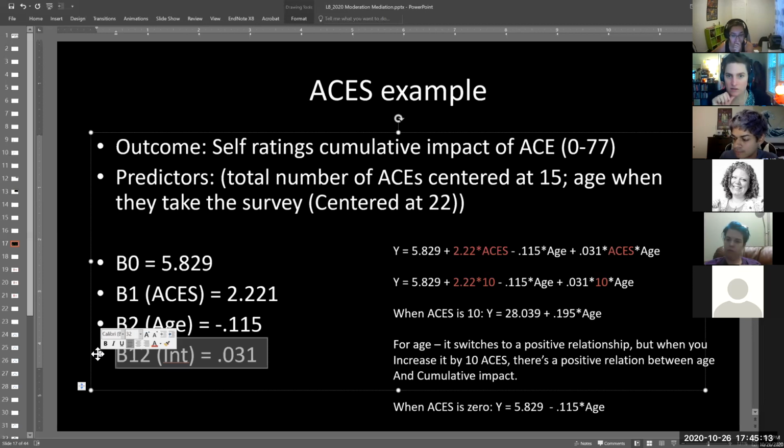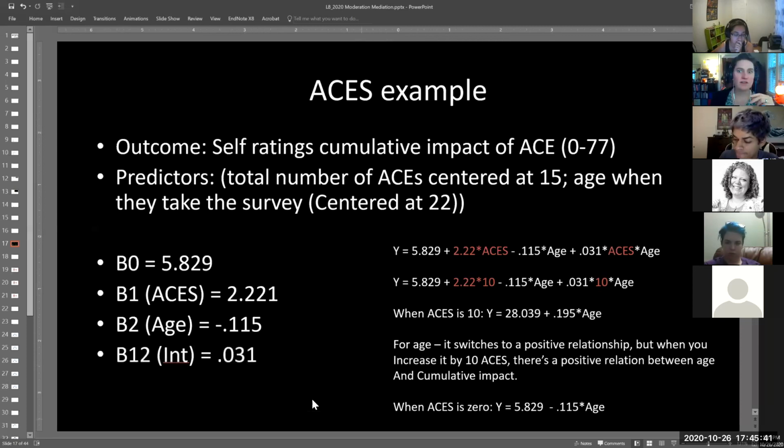Yes. You don't need to pick a point if your interaction is not significantly different from 0. It might look like they're not parallel, because you can plot it anytime, but it's not different from parallel enough that it would be significantly different from 0.